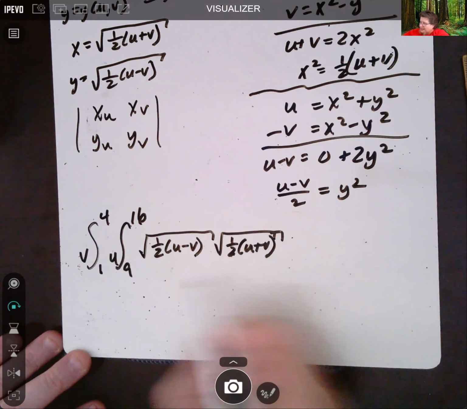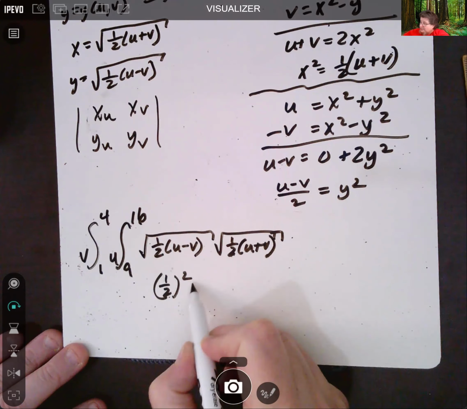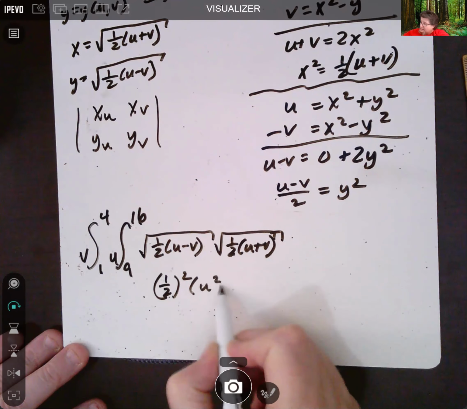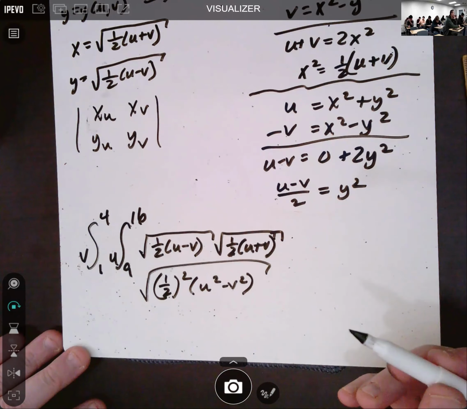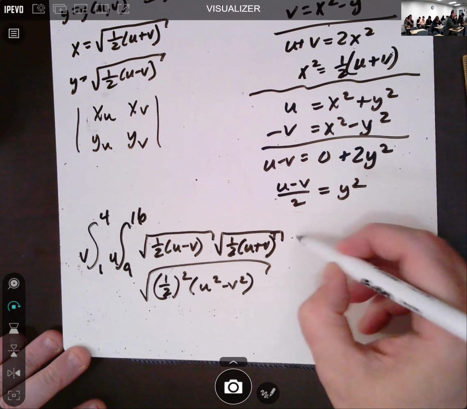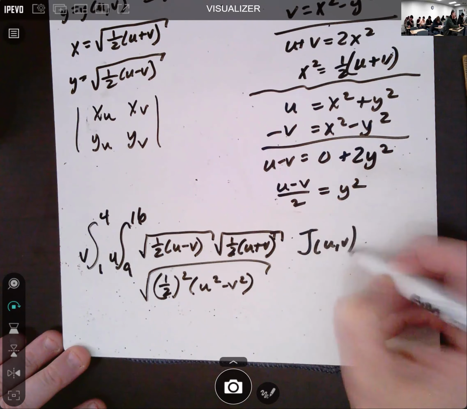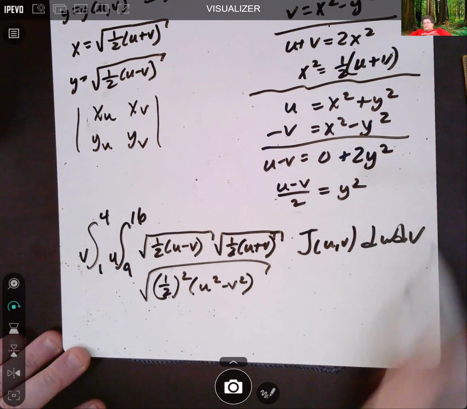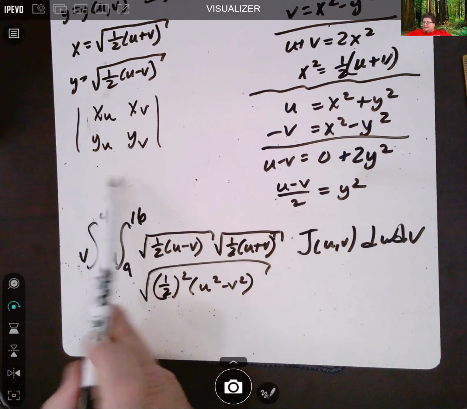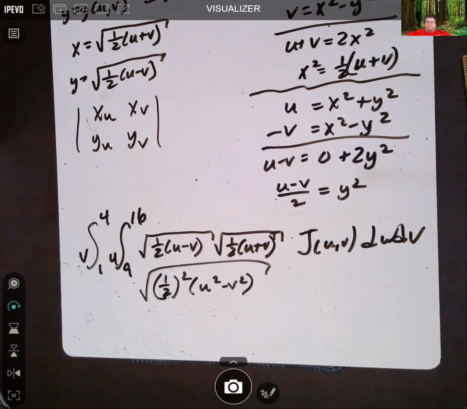That makes a 1/2 squared times (u squared minus v squared). So maybe that's not too bad. But then we have the Jacobian part. I don't know what the Jacobian looks like, and with it being 9 o'clock, we don't have time to figure it out. But it's the partial derivatives in that matrix, and then you do the determinant. I'll work on that.